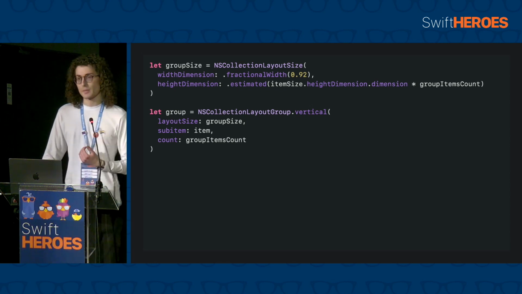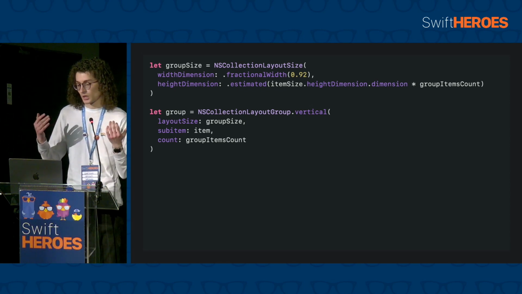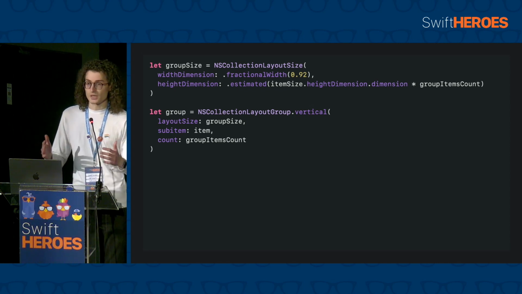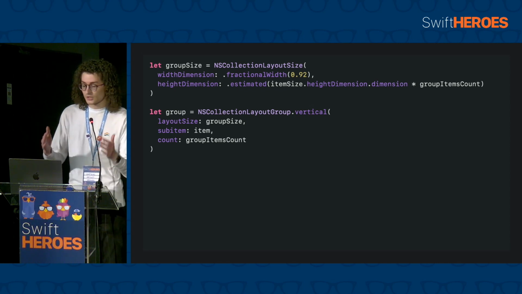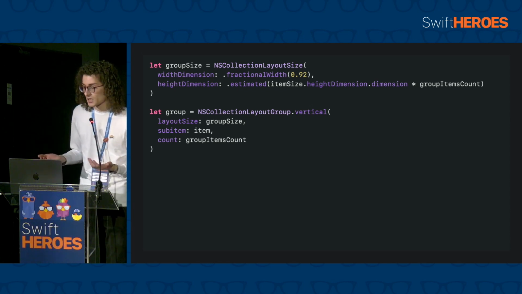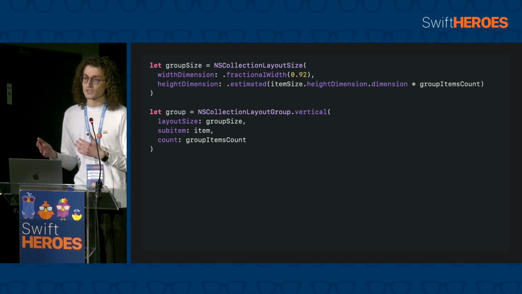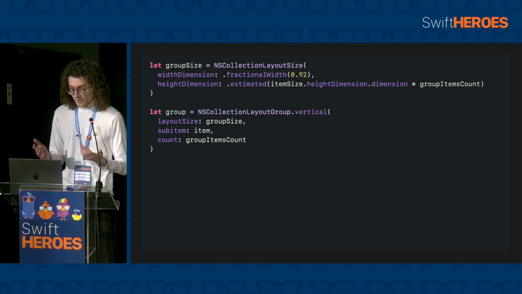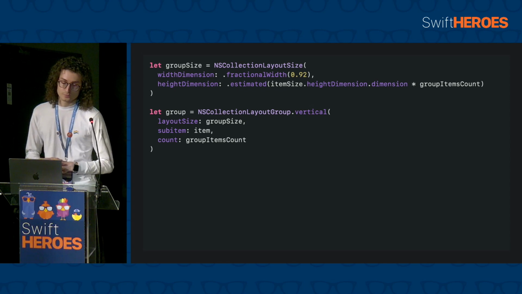So an estimated dimension actually allows us to tell the layout that we think this group will be this much tall, but we'll actually let it figure out the actual size. So the collection view will determine the size of this group after the content is rendered, which is perfect for dynamically sized items and groups.